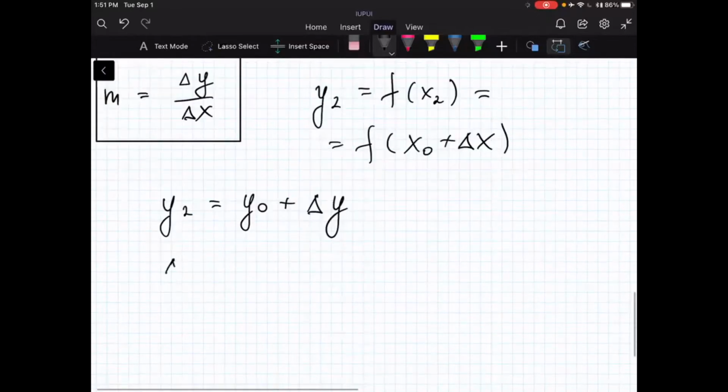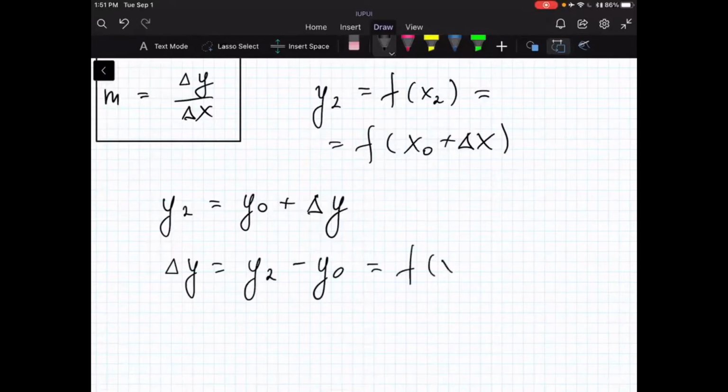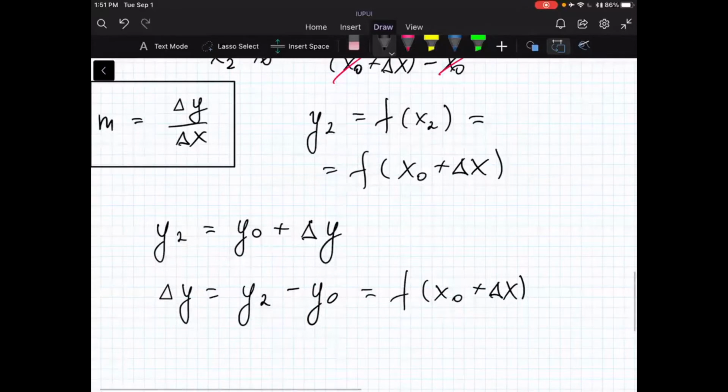So delta y thus will be y2 minus y0. But y2 is f of x0 plus delta x, and the same we can say about y0, because y0 is f evaluated at x0.